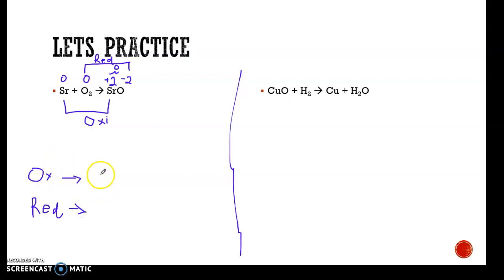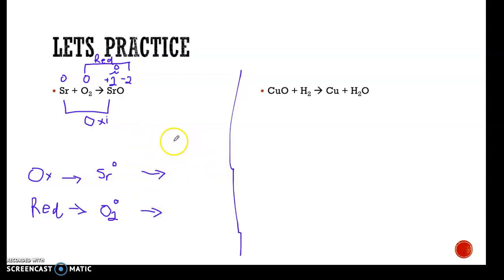Now, for Sr, we're going to write from what we see on our left to what we see on our right. So for our left, we have Sr and O both at 0. I'm going to write the O2 the way I see it in the problem, right? And both of them had zeros. And then we have our arrows, right?